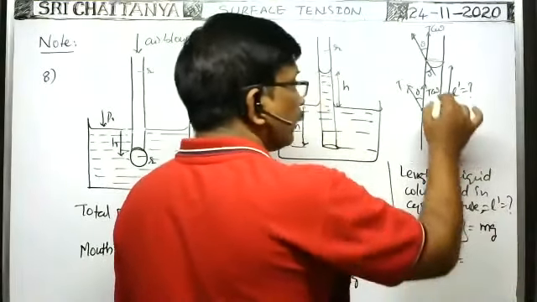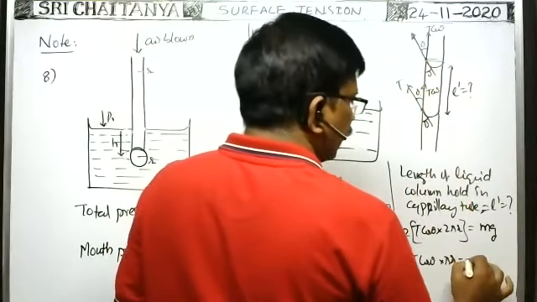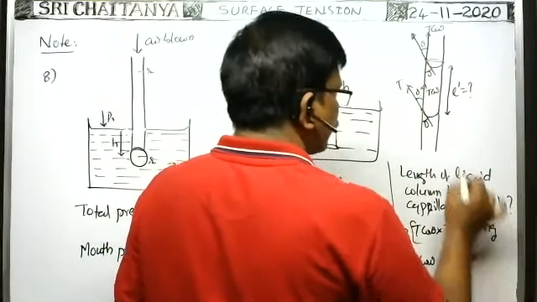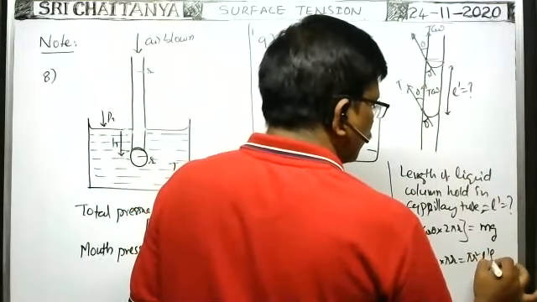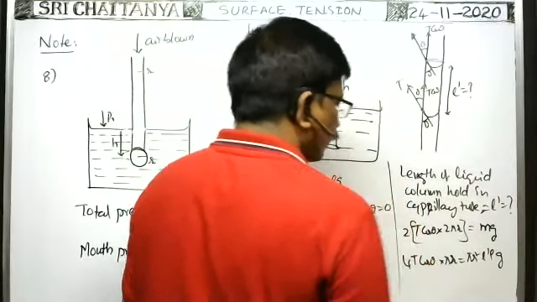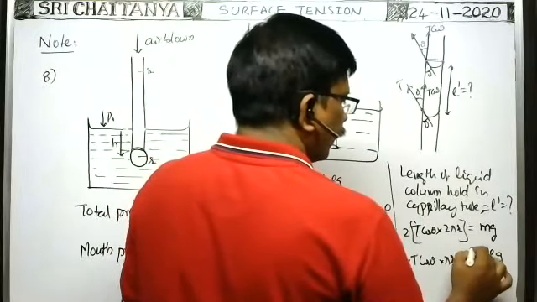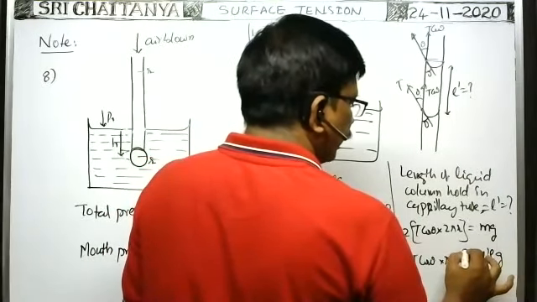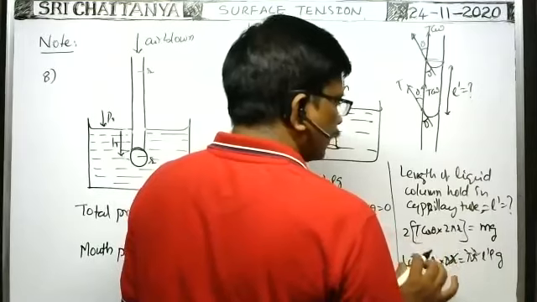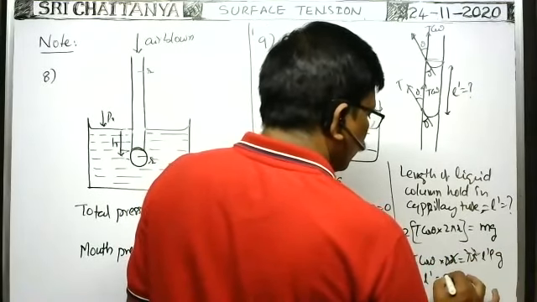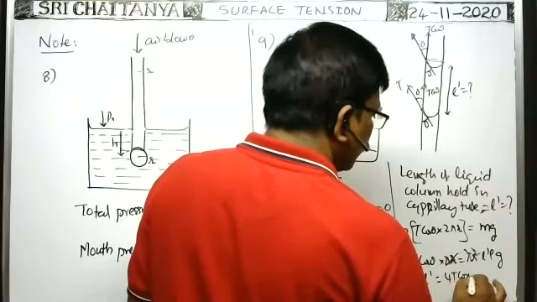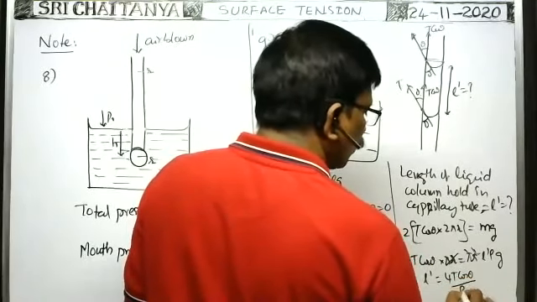Mass of the liquid column is area of cross section, pi r square, into length of the liquid column L dash, which gives volume, into density gives mass, into g gives weight. Here pi r cancels. Then L dash is equal to 4T cos theta by rho g.